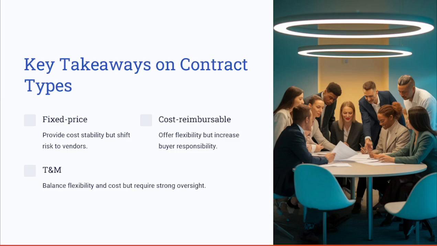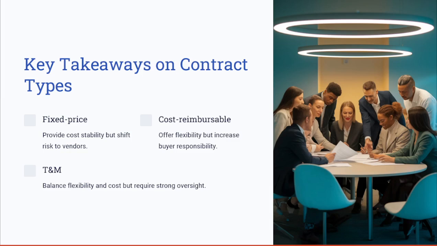To summarize our session on contract types and risk management and allocation, and in which case you have to go for which type of contract. So we said understanding contract types and their risk implications is crucial for effective procurement planning. We say that fixed price contracts provide cost predictability but may result in higher upfront pricing.